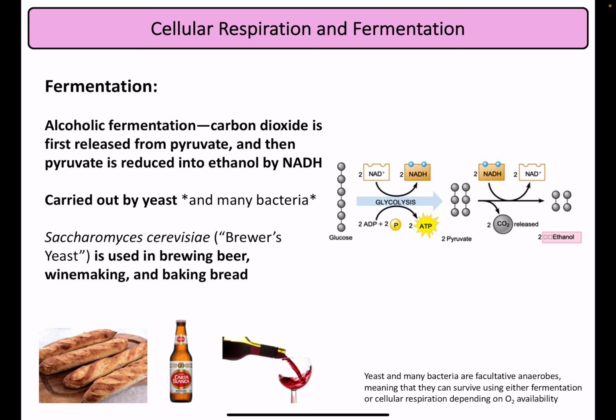So in this form of fermentation, we produce ethanol, which is alcohol as we know it, and carbon dioxide. Important for causing bread to rise, giving bread its sponginess, giving beer its carbonation, and also its alcohol.